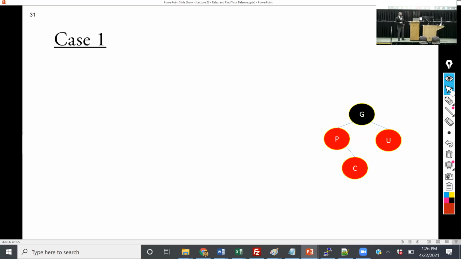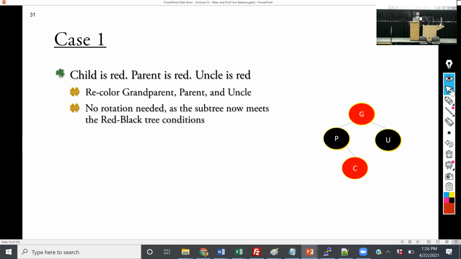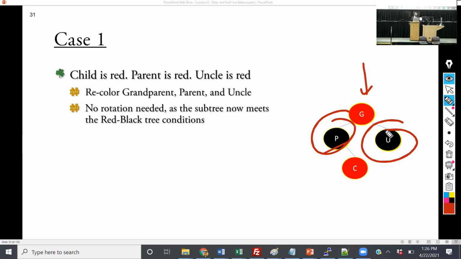If the parent is red and the uncle is red, we just recolor the parent, uncle, and grandparent. In the animation, parent will become black, uncle will become black, and the grandparent will become red. Now we don't have to do a rotation because any node in this subtree will go through the same number of black nodes.